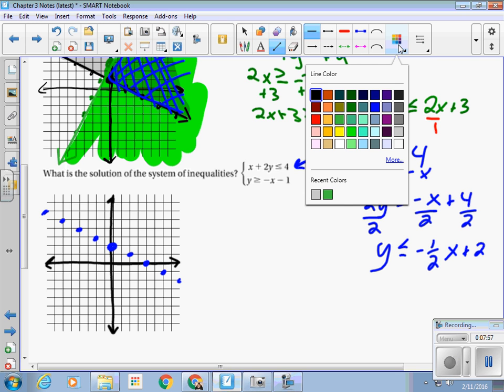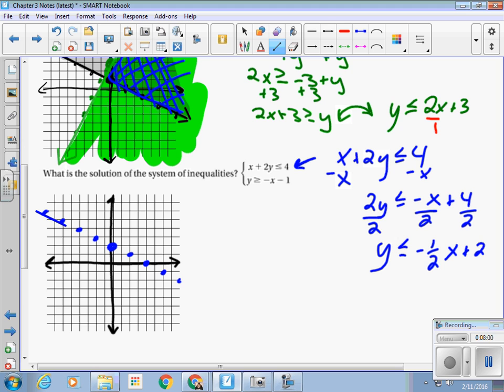We draw a nice straight line using our ruler or straight edge. And I can make it solid because I am equal to. And then I want all my y values that are below or less than this line. So we are going to shade everything underneath this line.